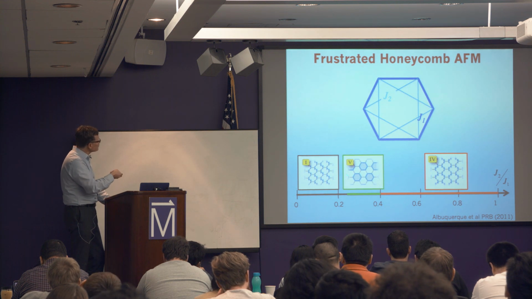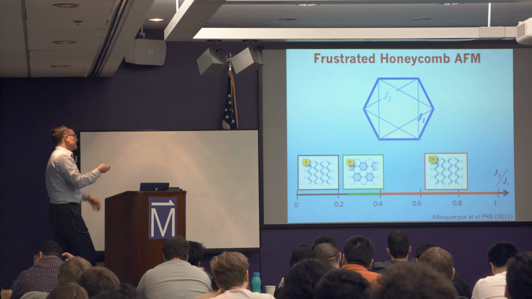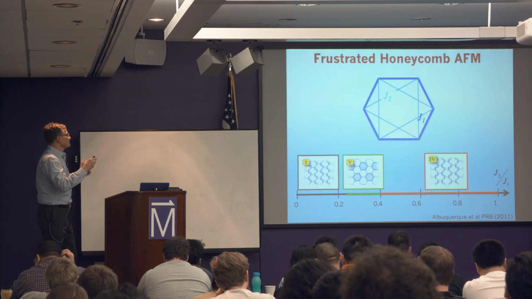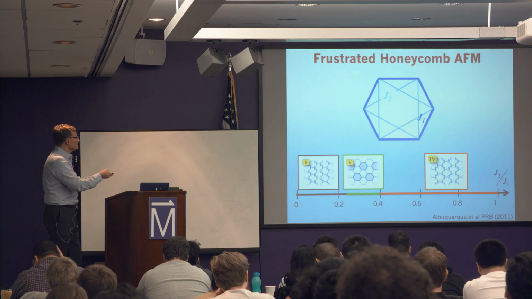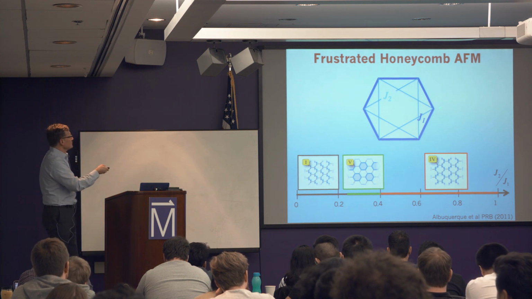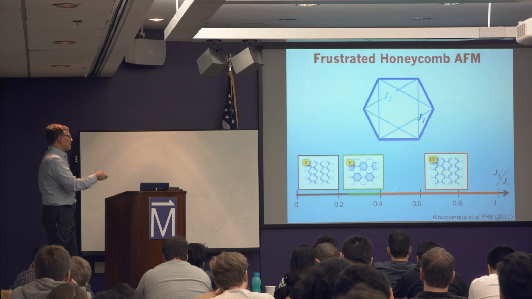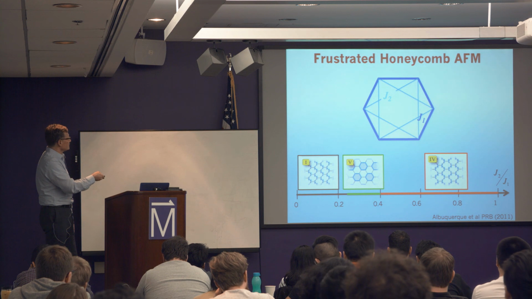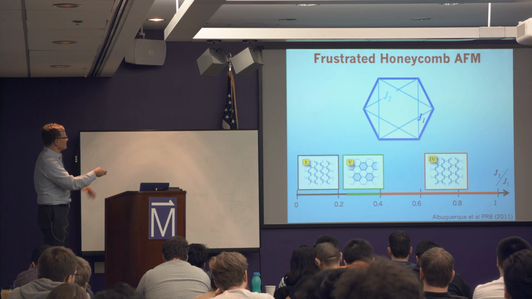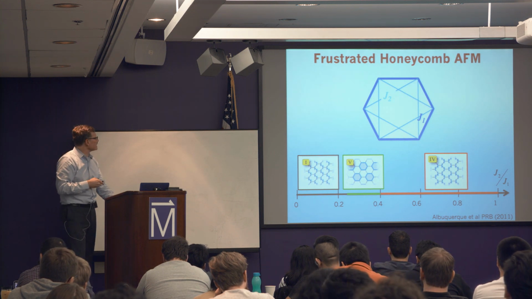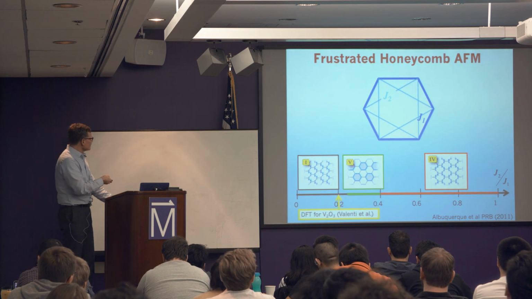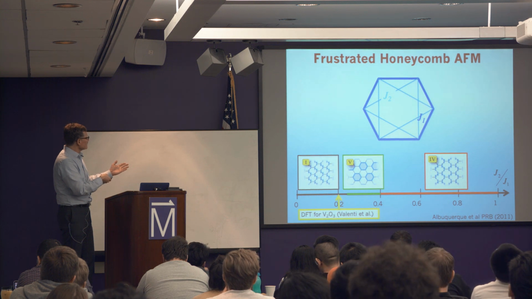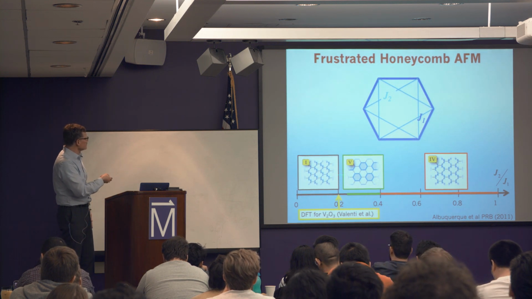But in between these two, there is a state where it is somewhat questionable what the actual state is supposed to be, but it is very dominated by the competition between J1 and J2. One proposal has been a valence bond solid state that involves singlets forming on each of the honeycombs and then organized in this fashion. According to the calculations by Valenti and company, we are quite close to the boundary between these two states.